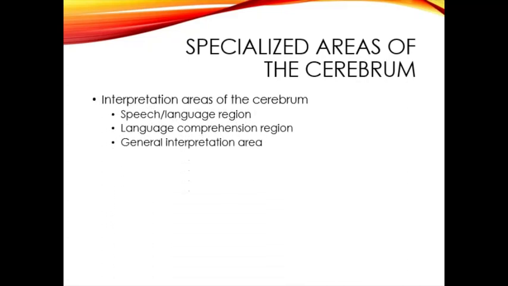Okay, so also, may specific parts na specialized for speech and language, no? Ano na ulit yung sa speech and language region? Can you still remember? Yung binanggit natin kanina? Broca's area, no? And language itself is the language comprehension region. Ang kanyang main part is the Wernicke's area. So, general interpretation area. Yun yung mga specialized area of the cerebrum.